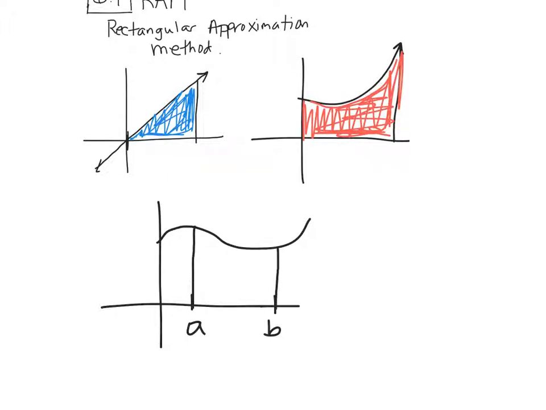We're going to break this up into an interval, maybe like 1, 2, 3, 4, all the same width, and we're going to draw some rectangles under that area. So maybe I draw this rectangle here, and then this one over here.